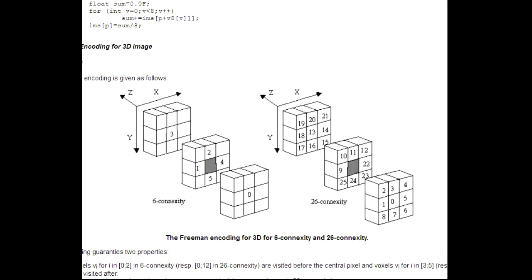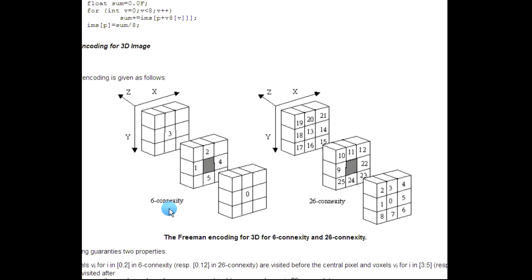Now this is the connectivity, 6 connectivity and 26 connectivity. So 6 connectivity is, if this is the voxel under consideration, then we consider only these 6 neighbors in order to decide whether this voxel here is a surface voxel or not.